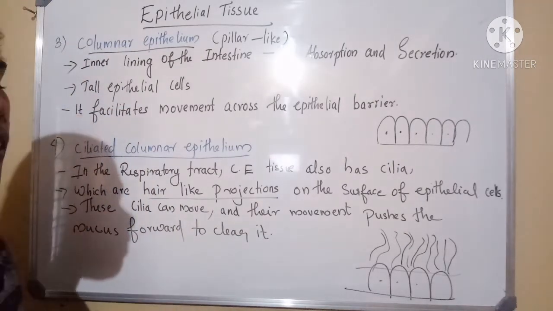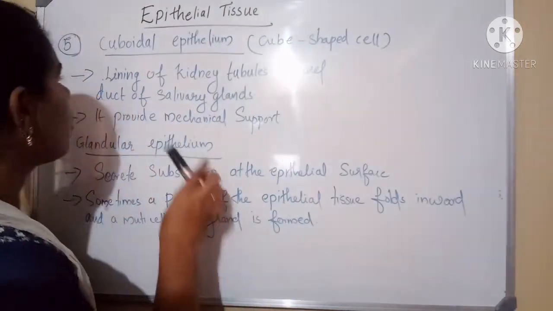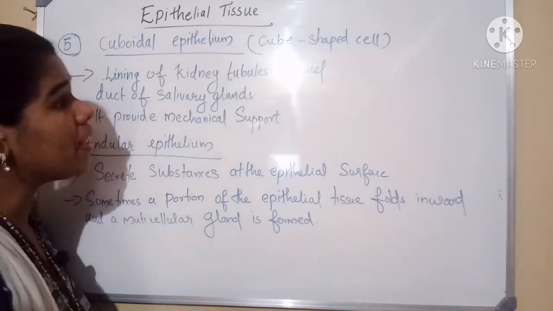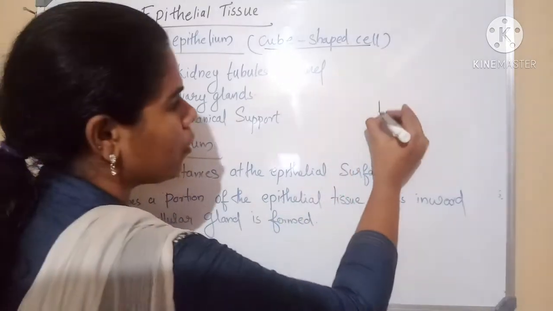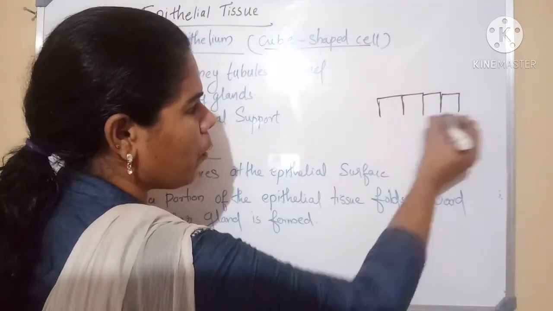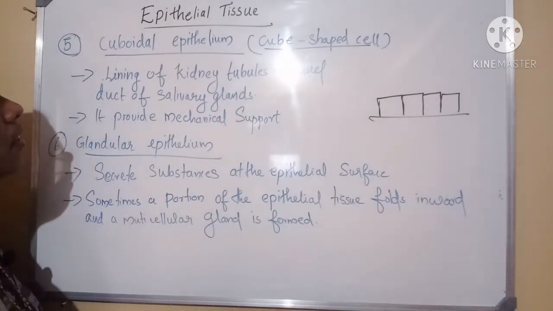The next one is cuboidal epithelium, which means cube-shaped epithelium.